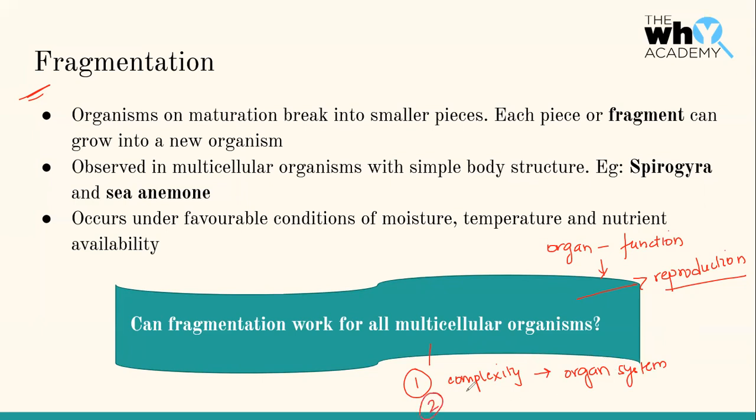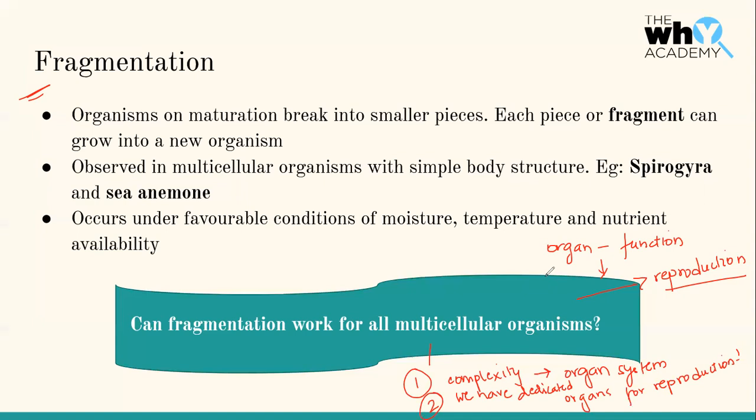And the second point is that since we have all that, we have dedicated organs for reproduction. This is the reason. Also, in the case of a smaller organism like Spirogyra, even though it may be multicellular, it was reproducing asexually, so fragmentation is possible.